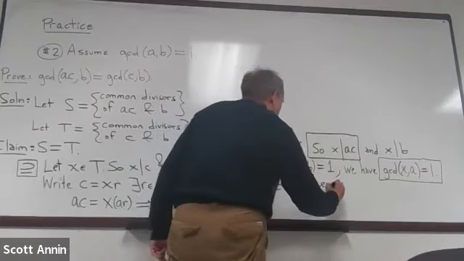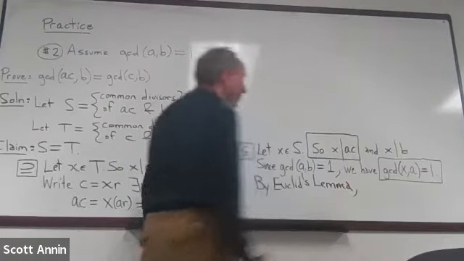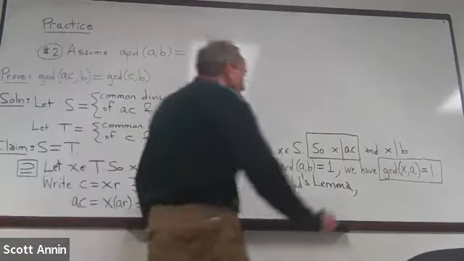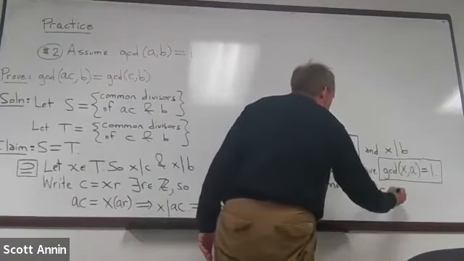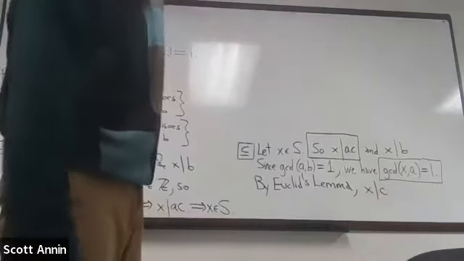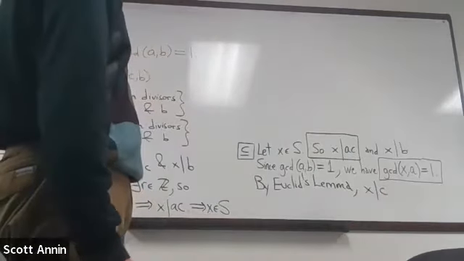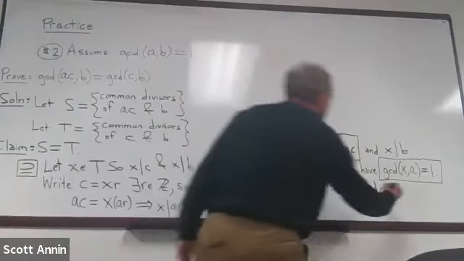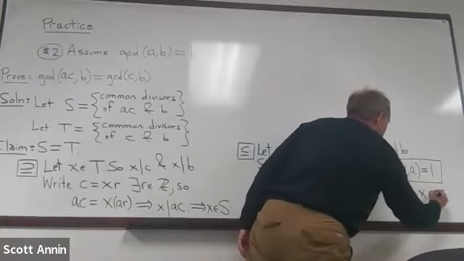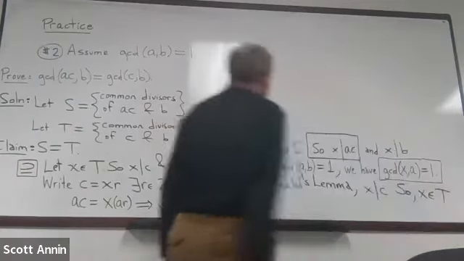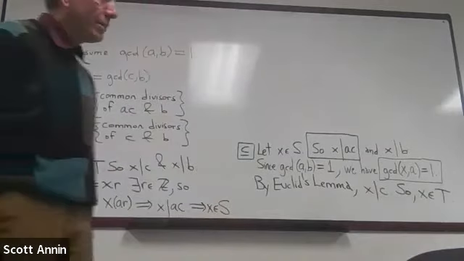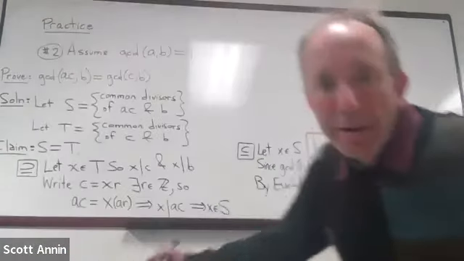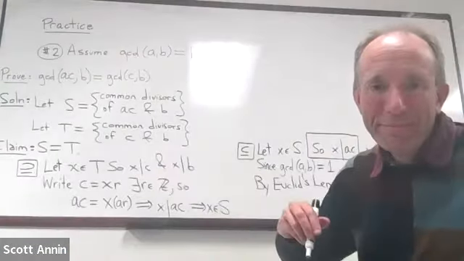By Euclid's lemma, we can actually say X divides C. X has to divide C in this case. And that means that X is a common divisor of both B and C, and so it lives in T. S and T are therefore equal.